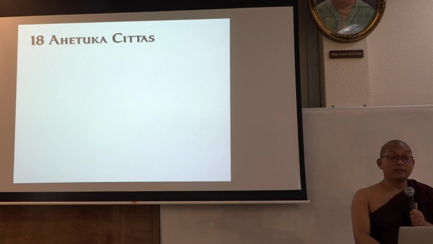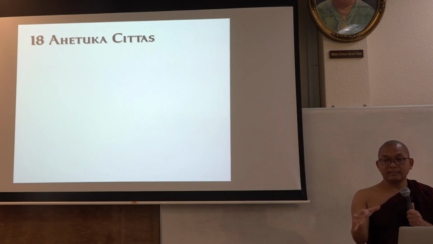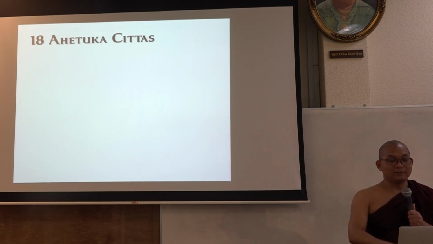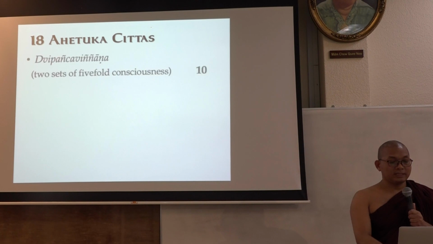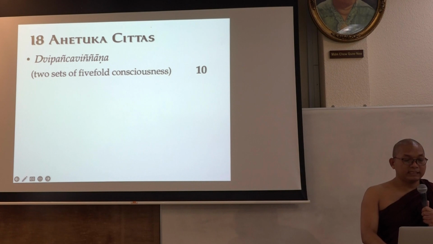Earlier we tried to divide them into 3 categories: 7 akusala vipaka citta, 8 ahetuka kusala vipaka citta, and 3 ahetuka kriya citta. Now we are trying to classify in a different way. Here we have the 10 dvipancavinnana, or 2 sets of 5-fold consciousness.